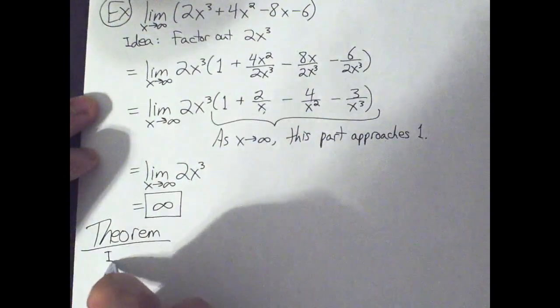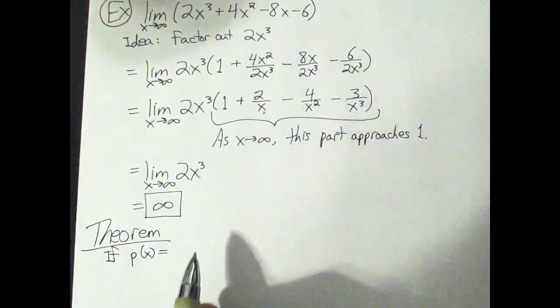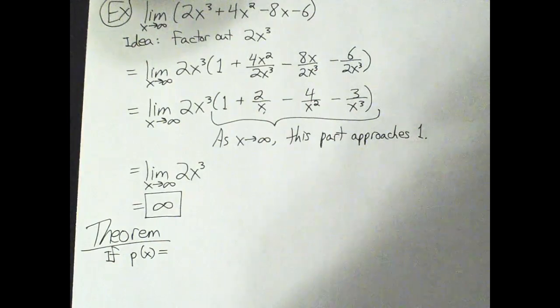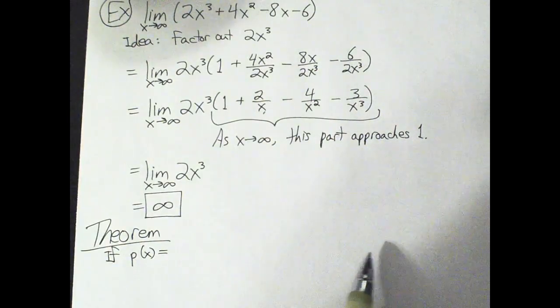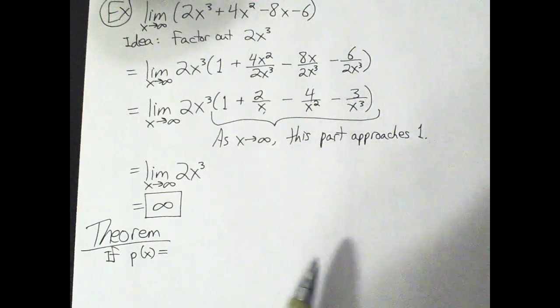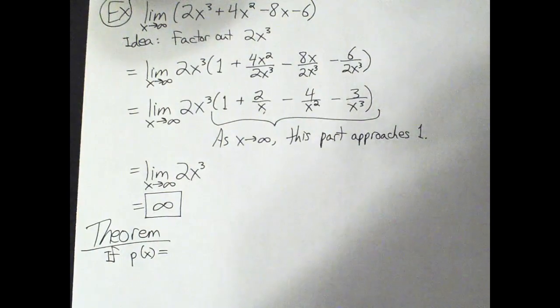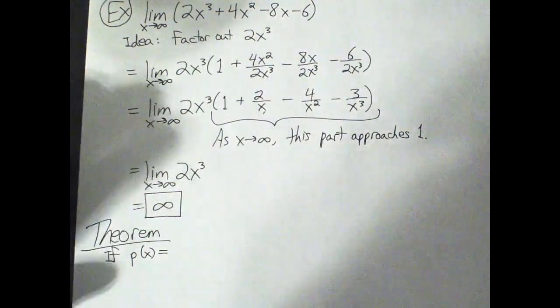So here's the theorem. If p of x equals, I want to write a general polynomial. I don't know if we've done that this semester, but I want to write a general looking polynomial, and I'm not going to make any assumptions on what its degree is. It could be cubed, it could be something else.